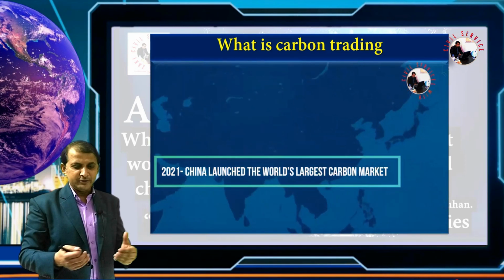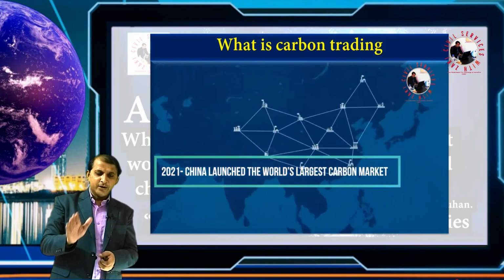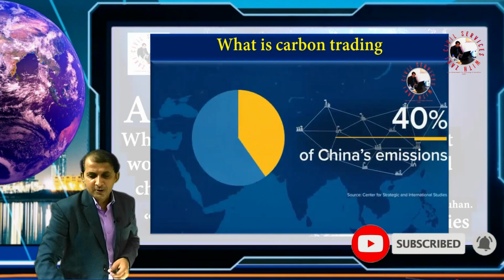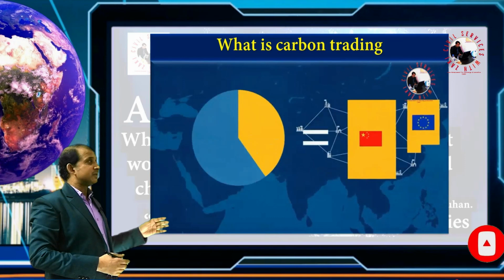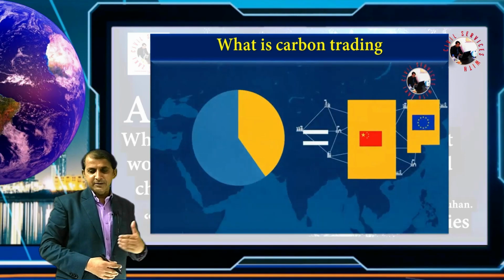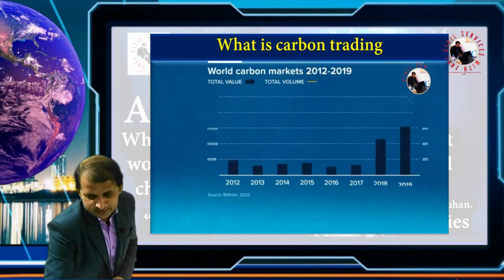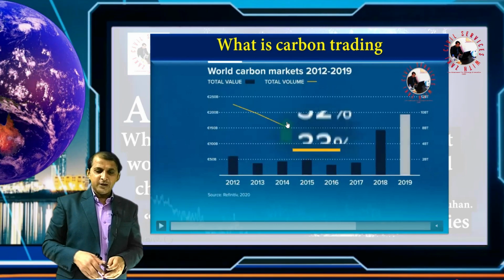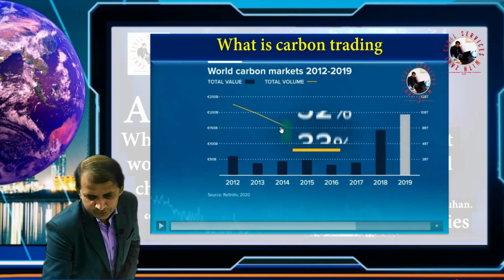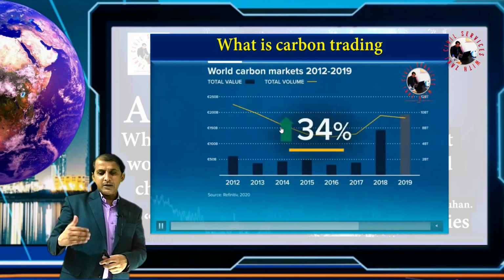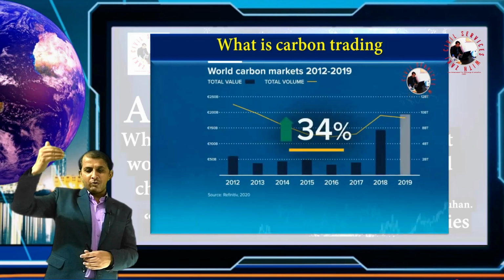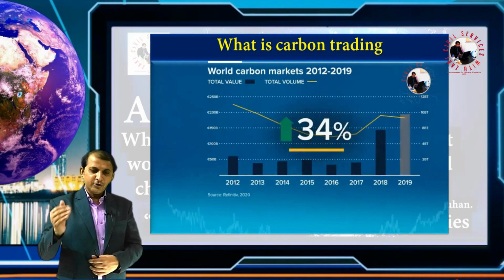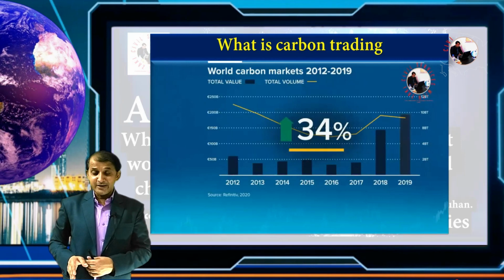In 2021, China launched the world's largest trading system, and 40% of Chinese emissions are covered by it. As you know, these are the advantages of the carbon market. The carbon market grew 35% from 2012 to 2019.